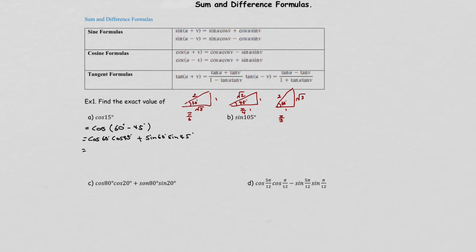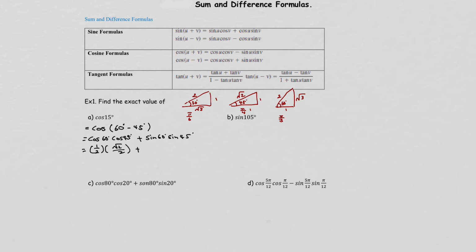And we know cosine 60 degrees is 1/2. Cosine 45 degree will be 1 over square root of 2, and when you rationalize it, it will be square root of 2 over 2. So when we write that down, we will have 1 over 2 times square root of 2 over 2.